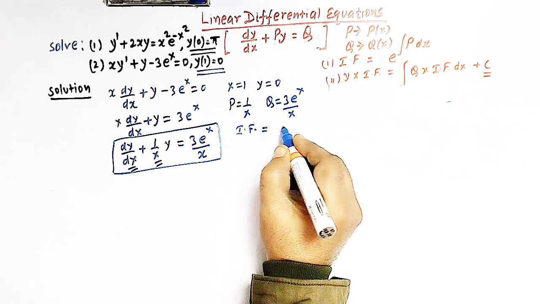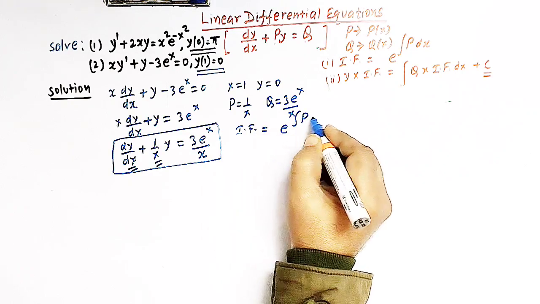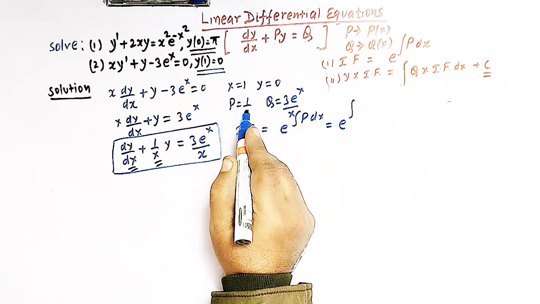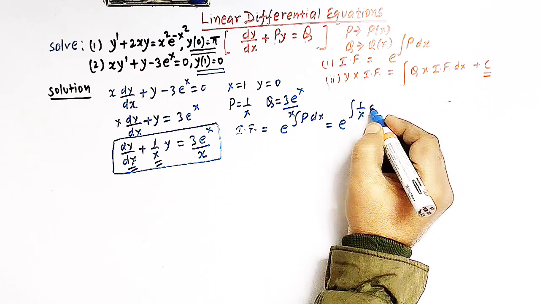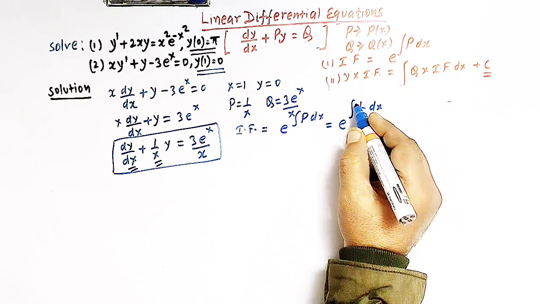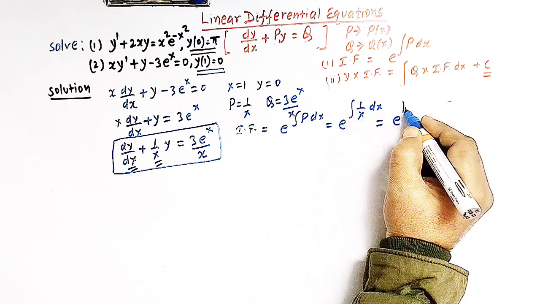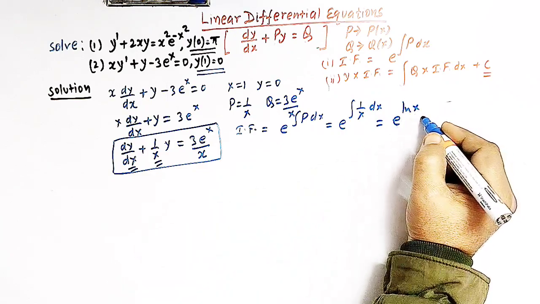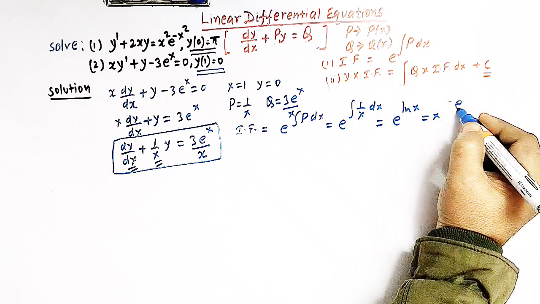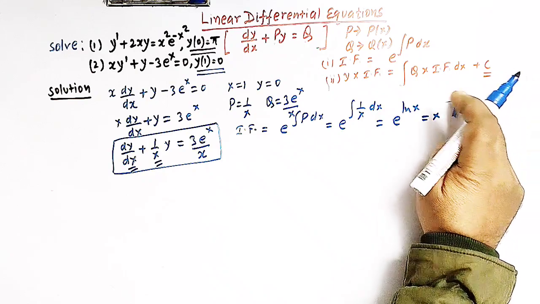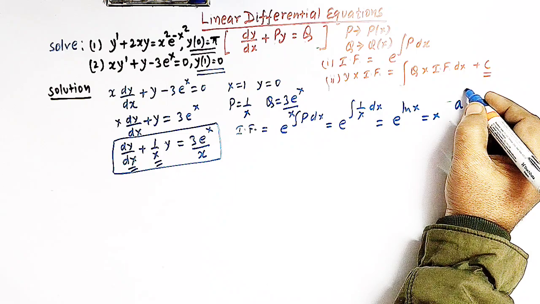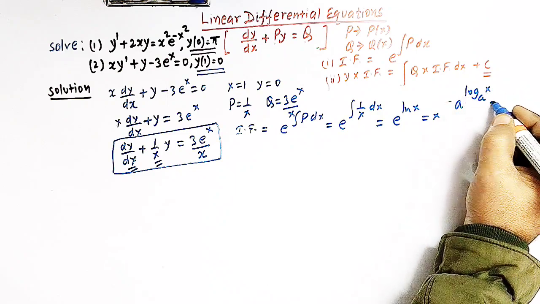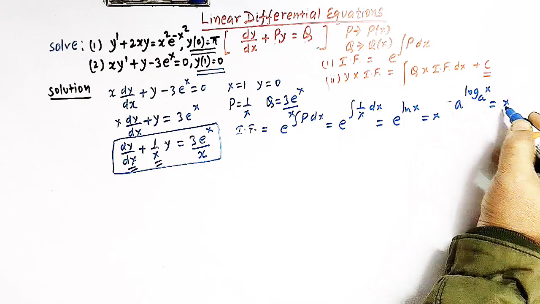The integrating factor is given by e raised to integral p dx, and here p is 1 over x, and here we have dx. Now the integral of 1 over x is the natural log of x, right? And e raised to natural log of x is simply equal to x, because we know that in general a raised to log of x, where the base is a, is equal to x, right?